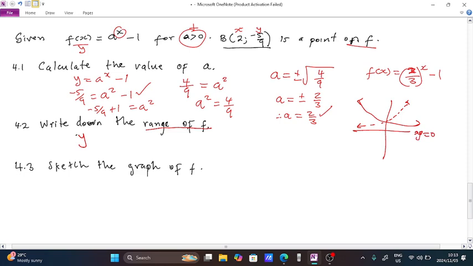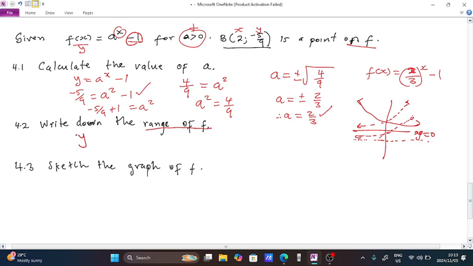But now, because the graph is shifted downwards by 1 unit, it will be limited at -1 here. So this graph will come and move down a bit like this.